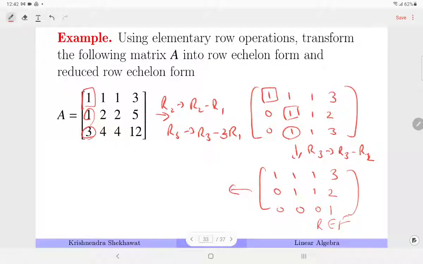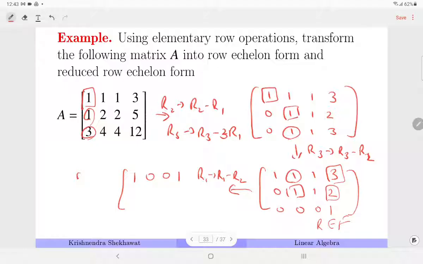Now to reduce into RREF, above the pivot entries I have to make the following entries 0. So this is a pivot entry, so this entry has to be made 0, and then these two entries I have to make 0. So I can choose R1 changes to R1 minus R2. That would change it to 1 0 0 1.